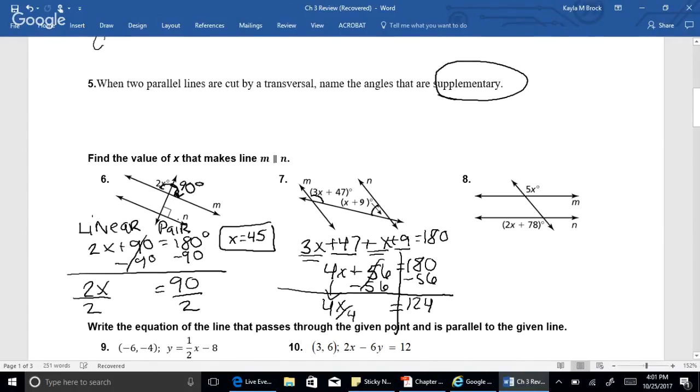We're going to divide both sides by 4. And your answer is x equals 31.